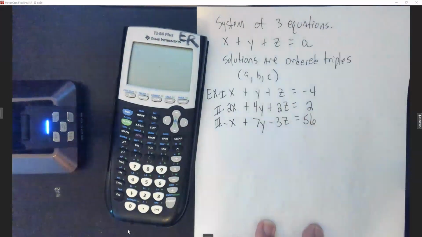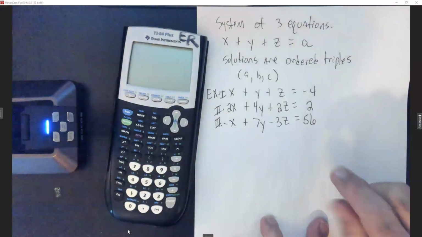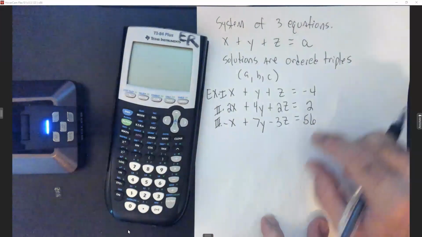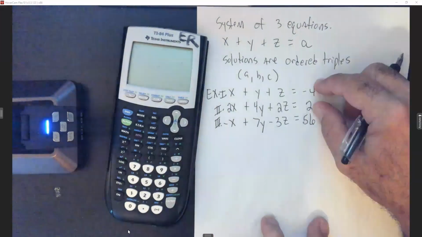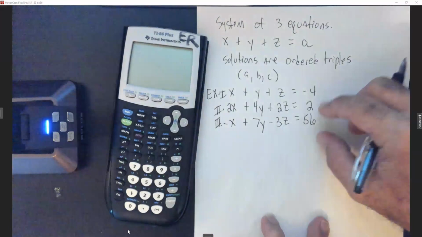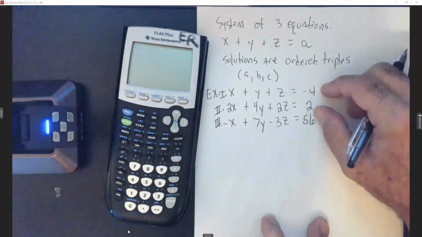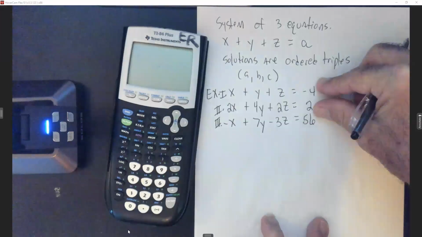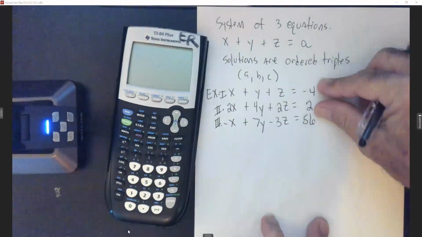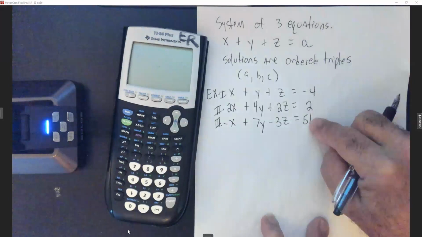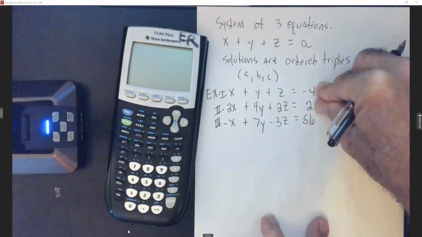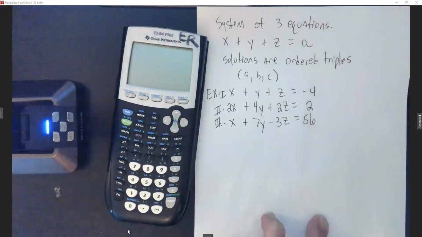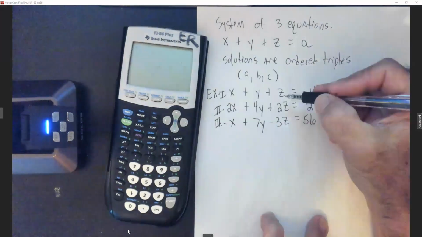Now, in order to eliminate one of the variables, I've got to add two of these together at a time, but I've got to use all three of them. What I mean by that is, if I use the first two equations the first time to get rid of the variable, I've then got to use equation 3 with one of these two equations to get rid of the same variable. It takes 2 times adding to get rid of one variable because we've got 3 equations.